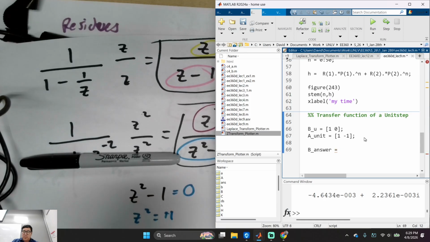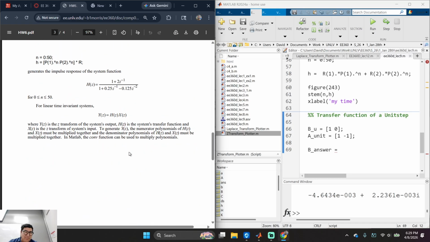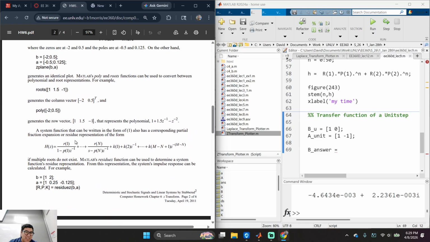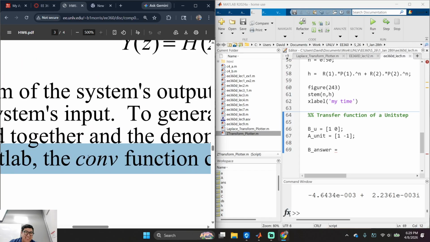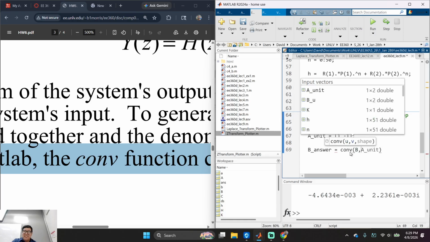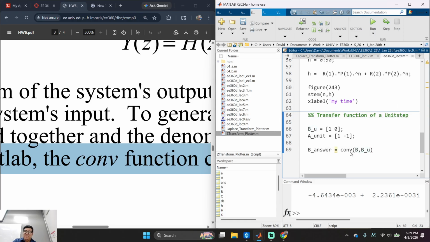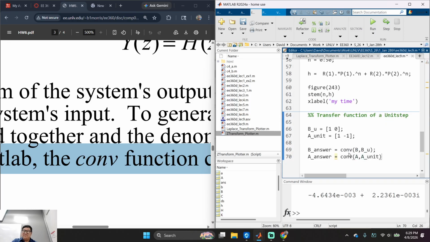No, wait. Where's that funny convolution? Do we have to use convolution? The conv function. Conv of B, U, A answer, a unit.